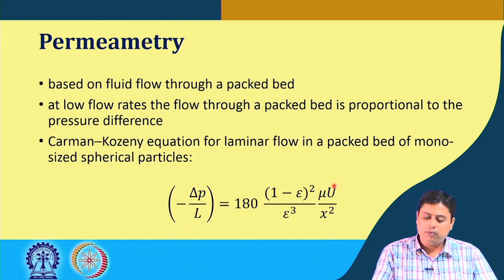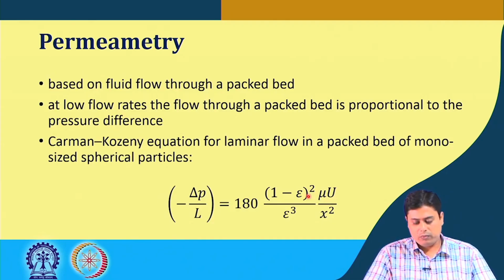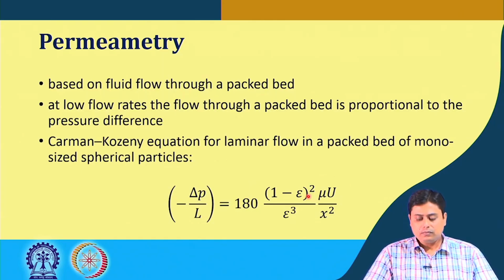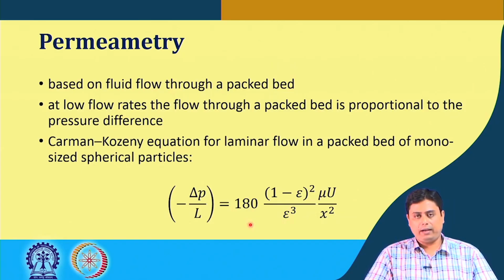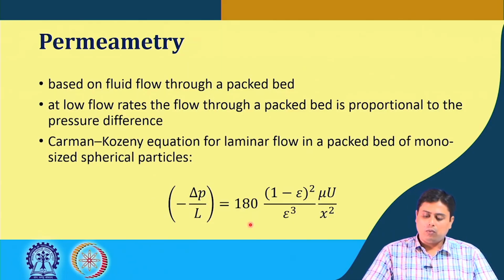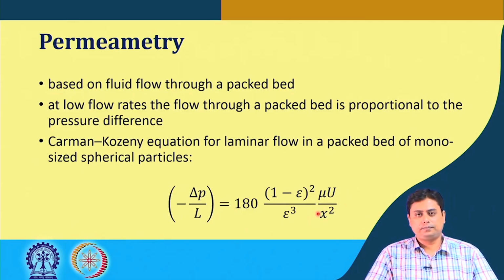For a particular flow rate, u is the superficial velocity, which comes from the volumetric flow rate or mass flow rate, and epsilon is the voidage or porosity of the packed bed. So, for a known porosity of a packed bed and a known fluid property mu, you can estimate by experiment the pressure gradient through a bed of unknown sized particles.